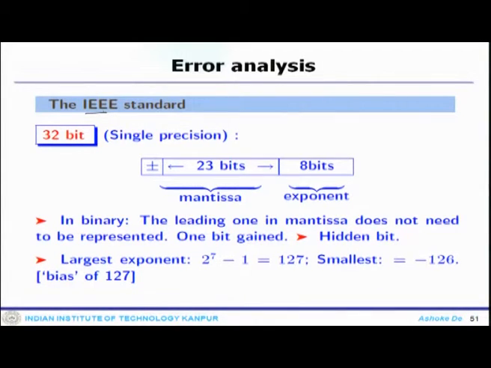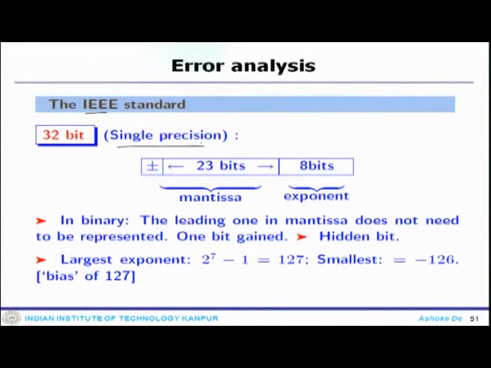So, if you have 32-bit precision, which is pretty much not available today in most desktop computers, because everything is more or less a 64-bit system.